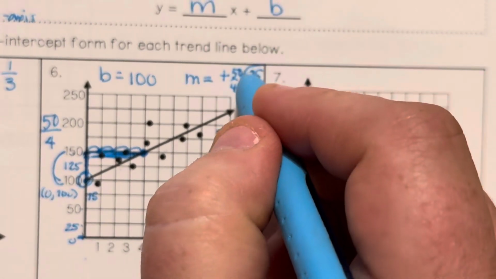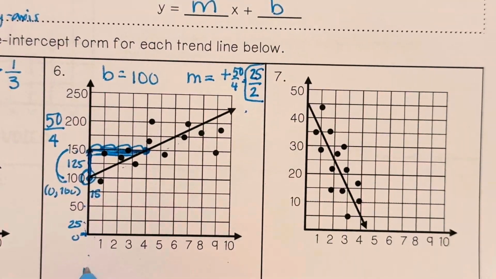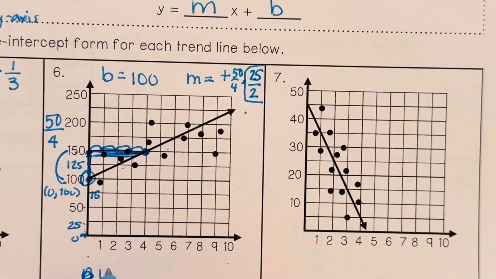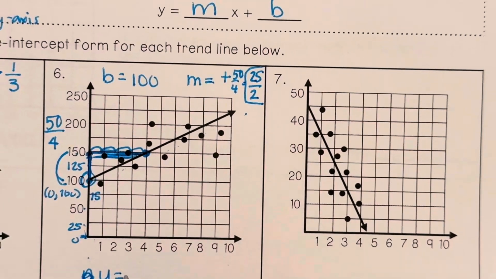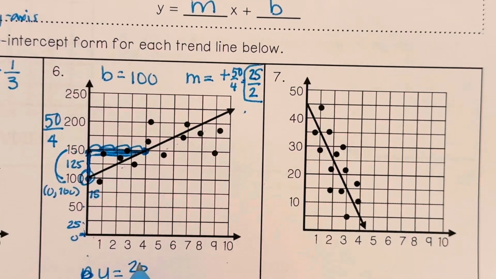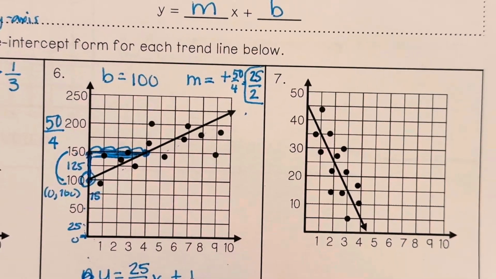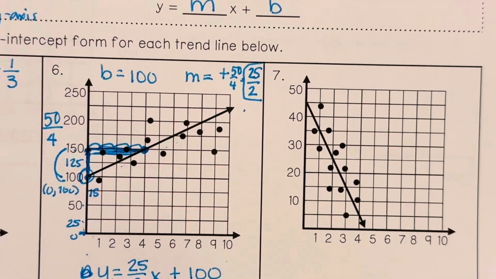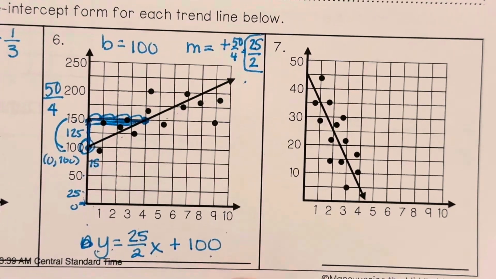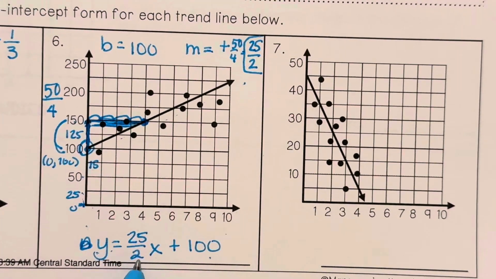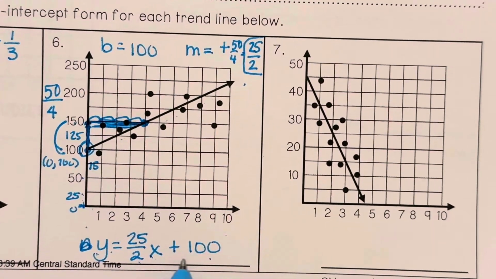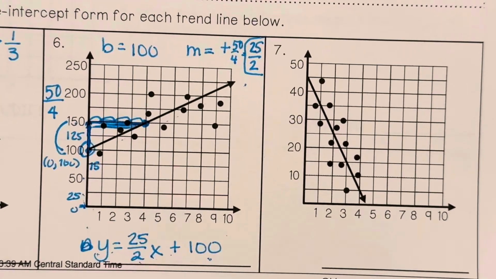Okay, so here is my slope. So my equation is y equals 25 over 2x plus 100. Y equals mx plus b. Okay, so y equals 25 over 2x plus 100.